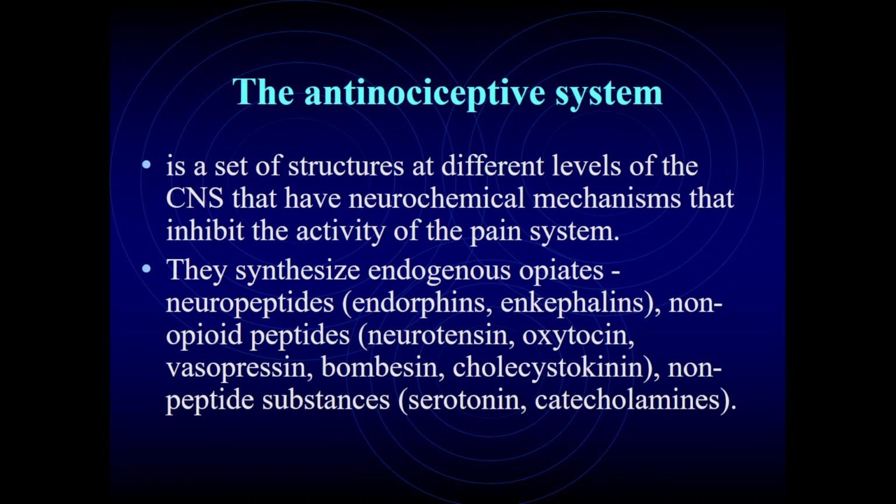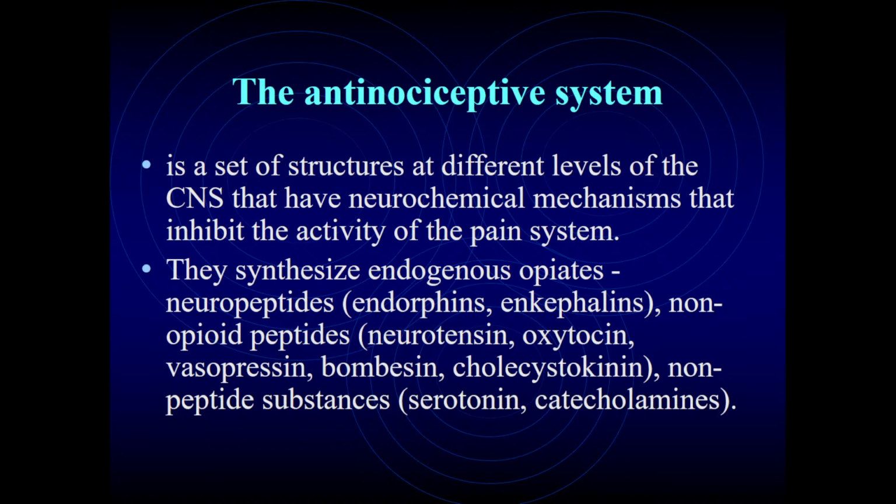These structures include the gelatinous substance of the spinal cord, the reticular formation, meaning the system of descending inhibitory control, also the periaqueductal gray matter, the raphe nuclei, the locus coeruleus, the caudate nucleus, the hypothalamus, the limbic system, and also orbital and frontal areas of the cerebral cortex.